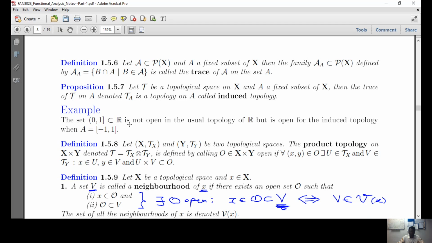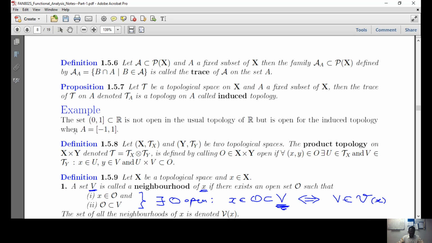This is a subset of R. Obviously, if we consider the usual topology of R, this set is neither open nor closed. Now, this example is the follow-up of the proposition, to exemplify it.